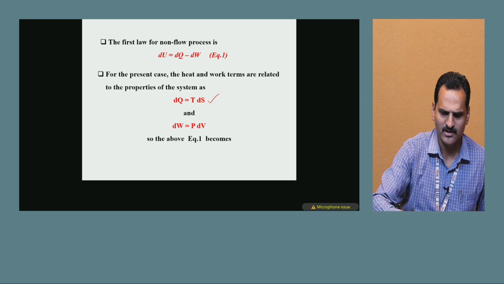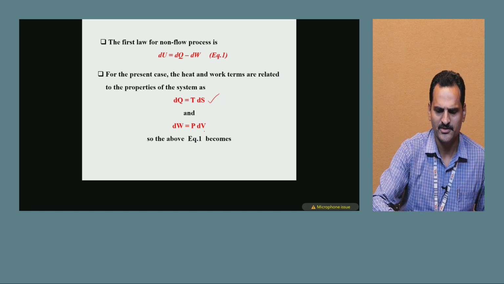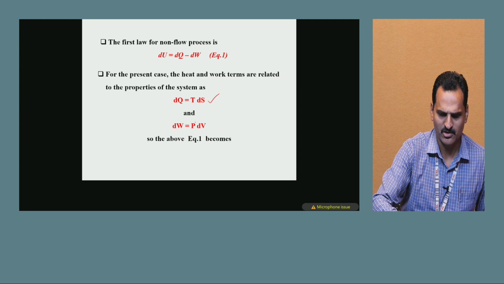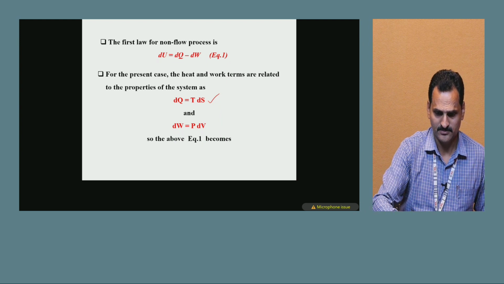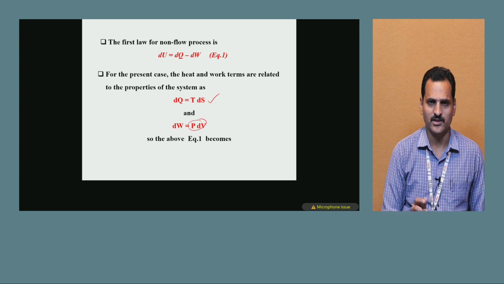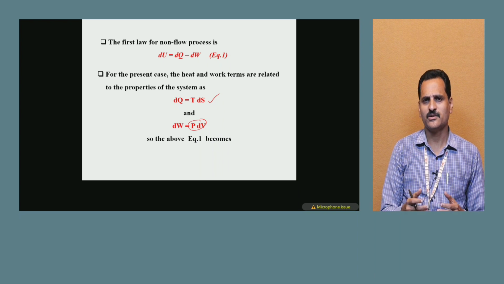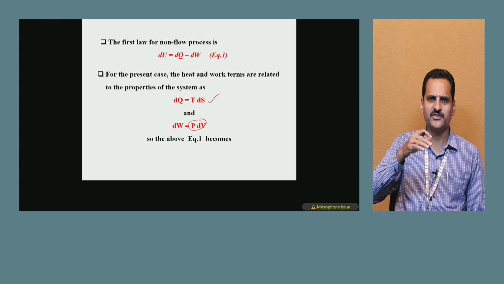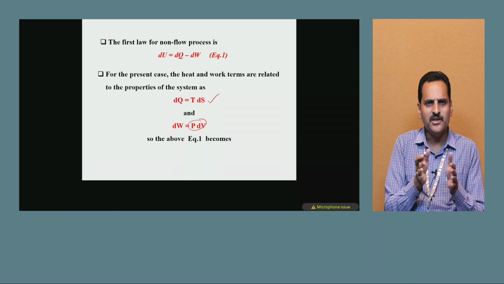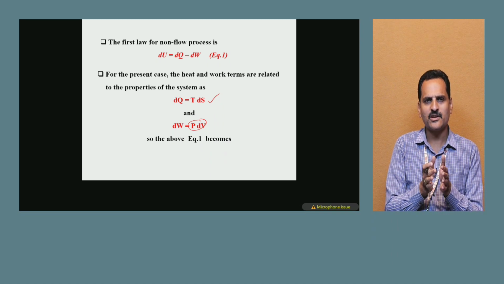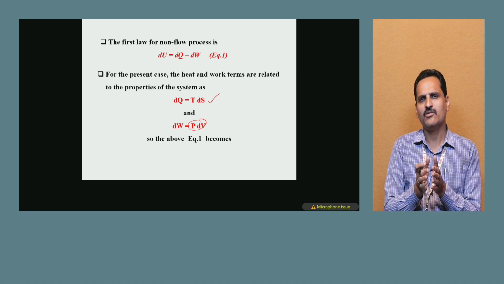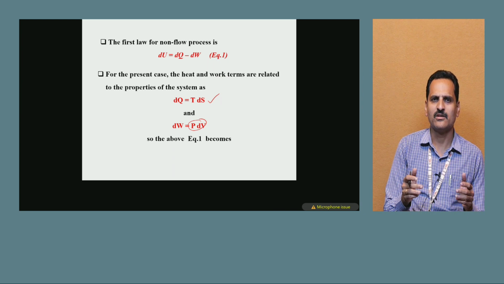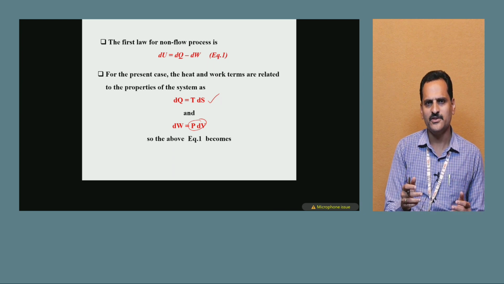In the same way, the work done by the system or on the system can be measured by the product of pressure and change in volume. How much pressure is applied and how much volume is changed in that system; the product of pressure and change in volume gives the amount of work done on or by the system.